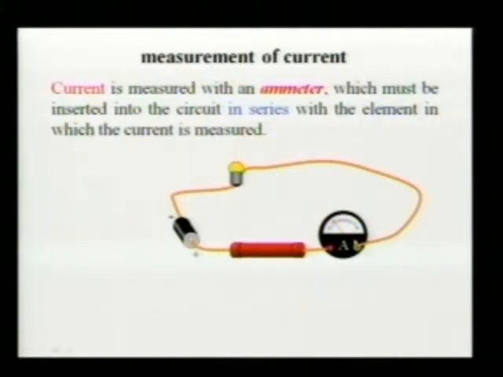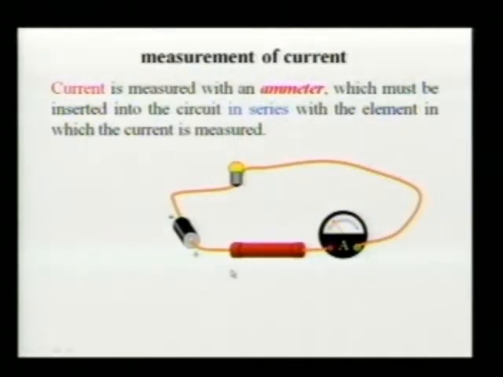Now let me give you a puzzle. How about current in the light bulb? The current which I will measure on this ammeter, is it the same as the current flowing through the light bulb or not? Who votes that yes, current in the ammeter is going to be the same as the current in the light bulb?